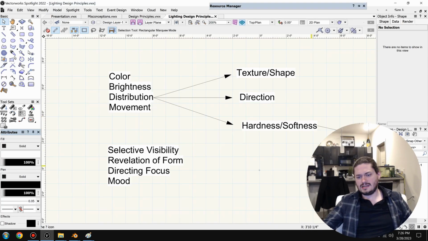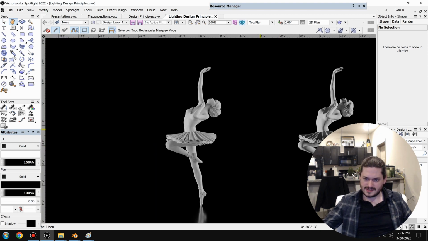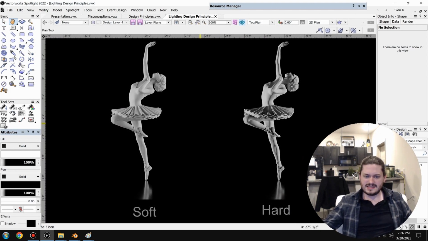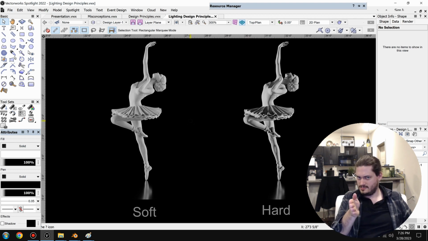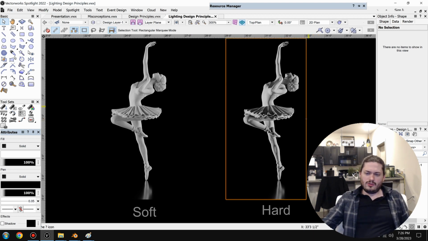Additionally, something that is a little less obvious about light distribution is the hardness or softness, and I've baked up this example to illustrate this. In this example, the lighting in both cases is coming directly from the side. But the example on the right is fairly akin to having a single instrument hitting the dancer from the side.